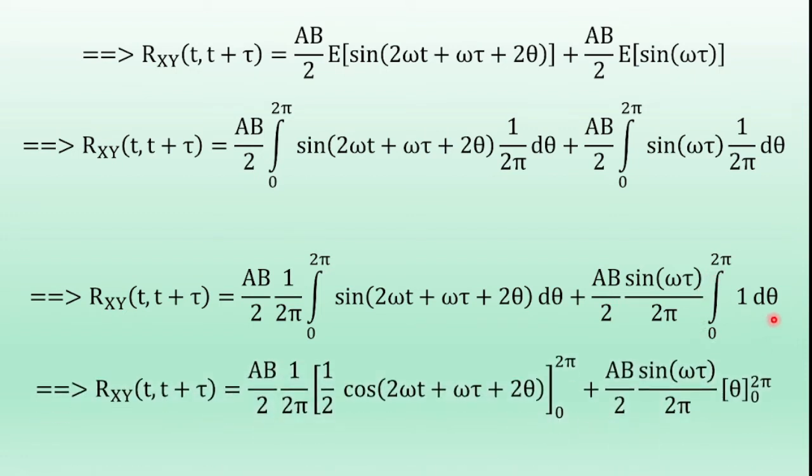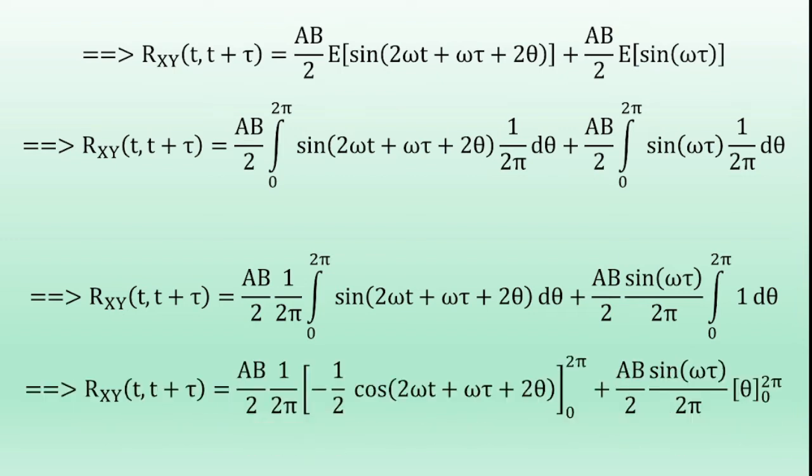The integral of 1 d theta is theta over 0 to 2 pi. The integral of sin of 2 omega t plus omega tau plus 2 theta with respect to theta is minus cos of 2 omega t plus omega tau plus 2 theta by 2.